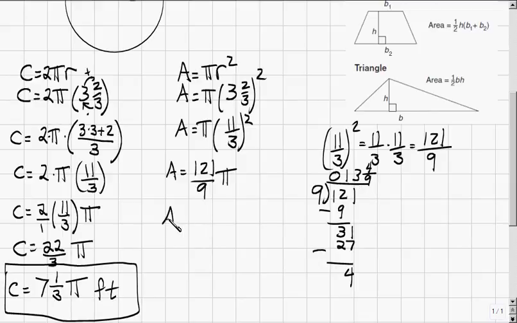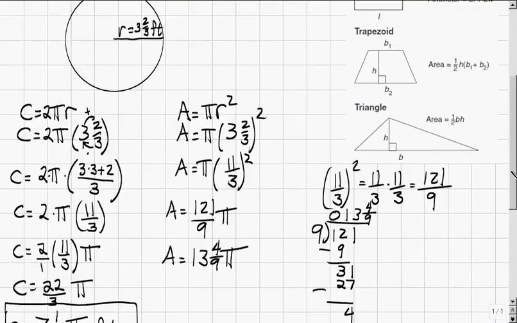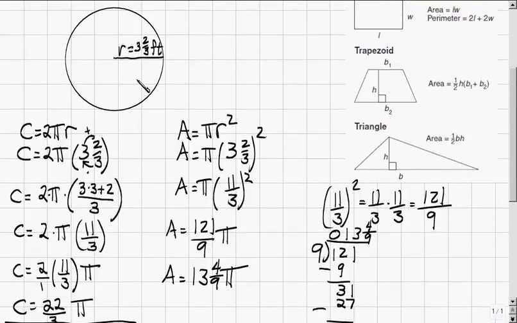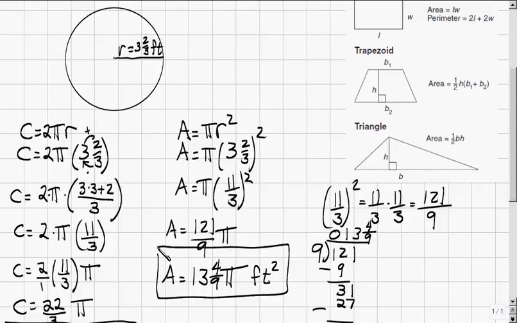That says that our area, instead of 121/9, becomes 13 4/9 with a pi. The material on the inside of the circle would measure 13 4/9 pi square feet, since area is measured in square units. And this is our final answer.